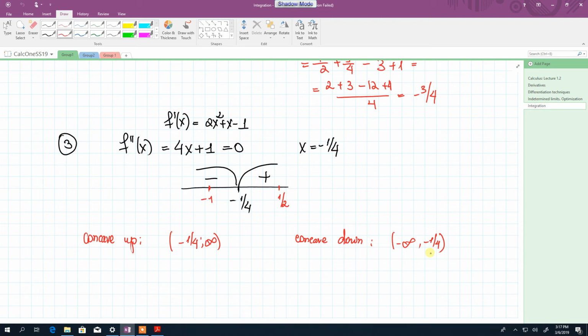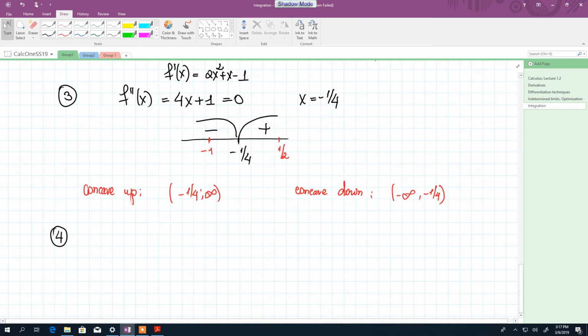Good. So the point where the function changes its concavity is called the inflection point. The inflection point here is x equal to minus 1 over 4. The point where the function changes its concavity, okay? So before minus 1 over 4, the function was concave down.